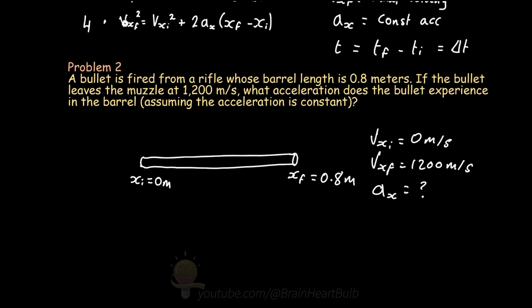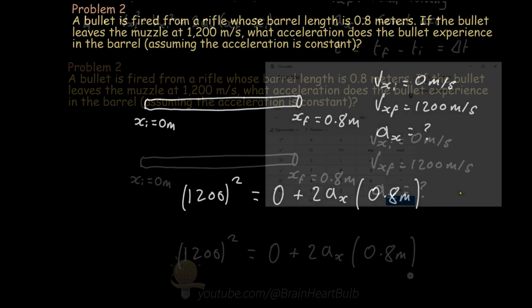So our final velocity is 1200 meters per second, squared, which is equal to the initial velocity, which is 0, plus 2 times whatever acceleration we have, multiplied by the length of the barrel, which is 0.8 meters.